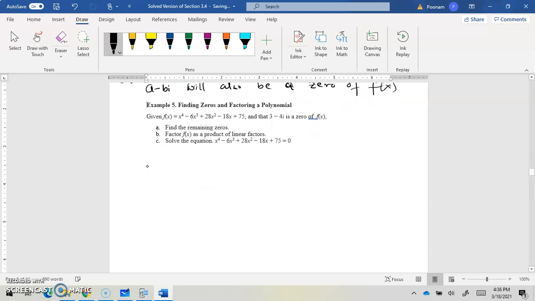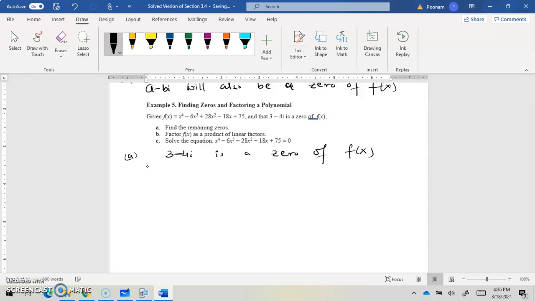Let's see. We have a function f of x equal to x raised to the power 4 minus 6x cube plus 28x square minus 18x plus 75. 3 minus 4 iota is a zero of the given function. Then its conjugate, how do you write the conjugate?